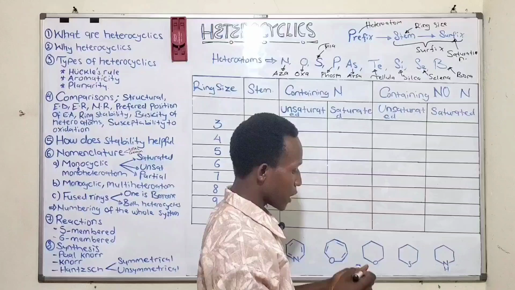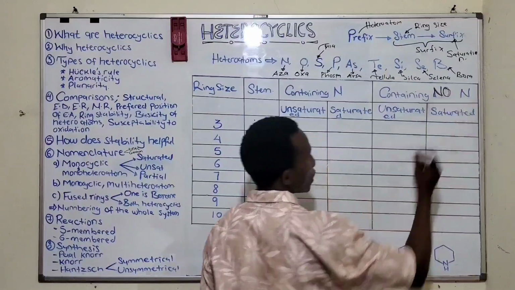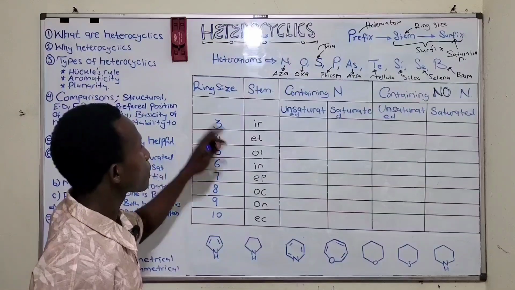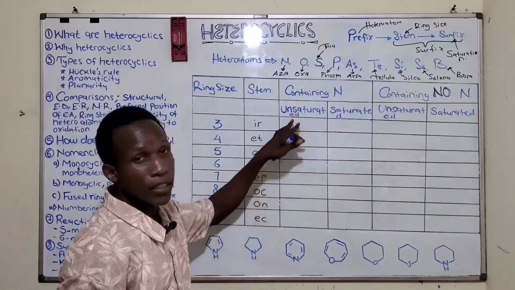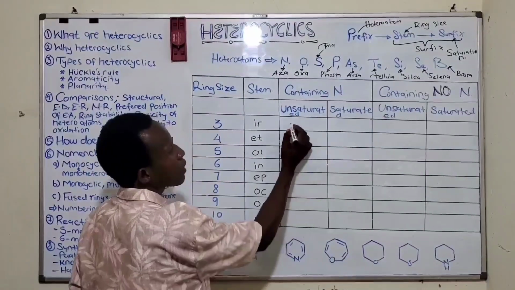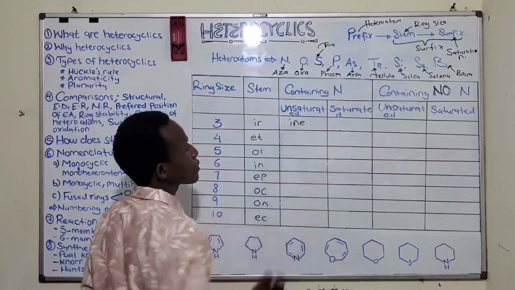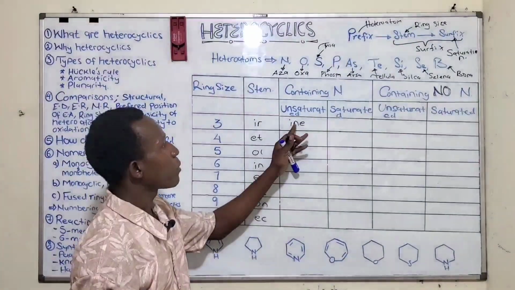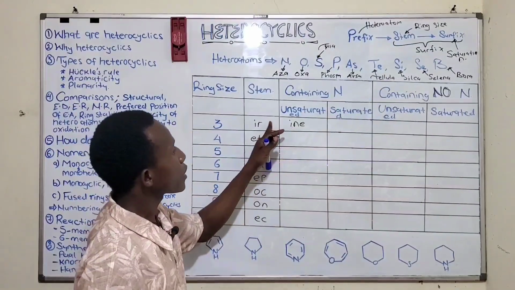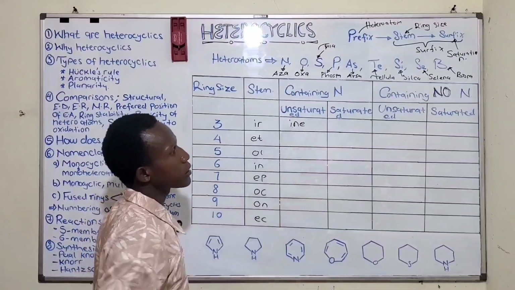Without nitrogen meaning any other heterocyclic compound with no nitrogen. For a three-membered ring that is unsaturated containing nitrogen, it will be given ine. So you combine the ring size and the saturation, and we form a suffix. So it will be irine.